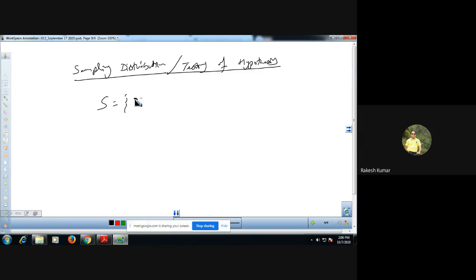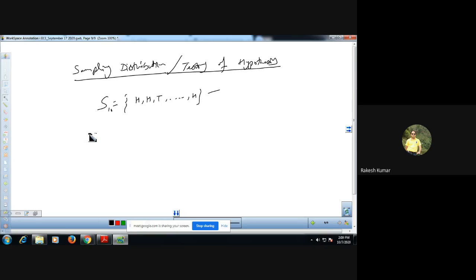Suppose the first time it comes head, then it also comes head, and suppose it comes tail at the third time, and at the last, 10th time, it comes head also. So this will be the sample we have taken, or you can say that this is a sample space.